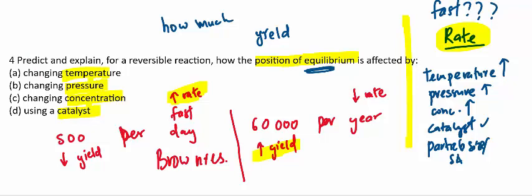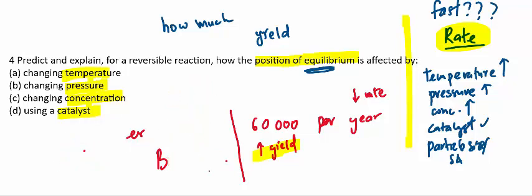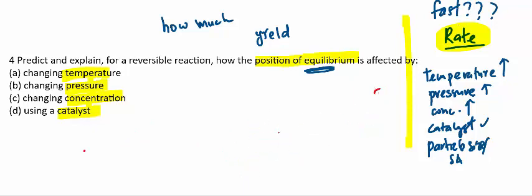So what I want you to write down is this. Factors affecting yield is these 4. Factors affecting rate is these 5. Can you write this down? The equilibrium is known as the yield.